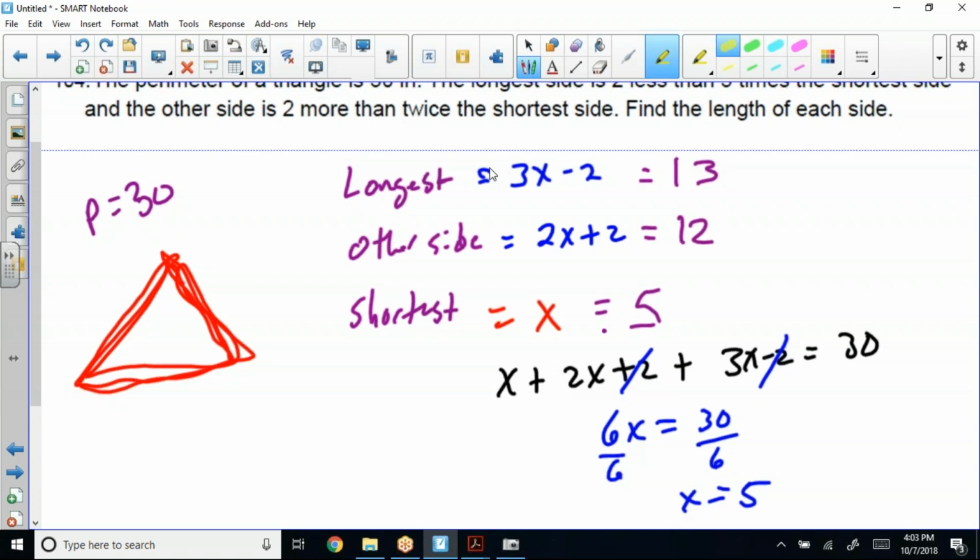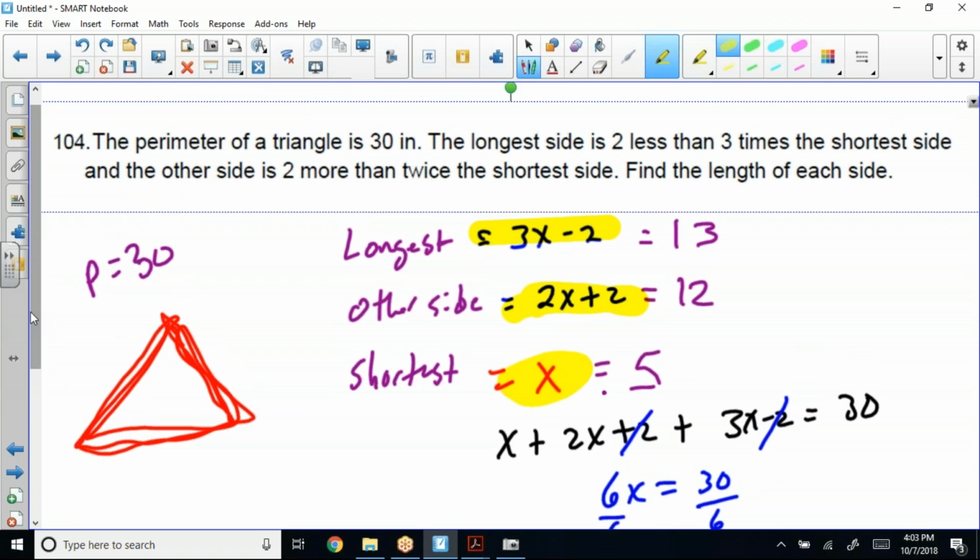Okay, these relationships here, you got to make sure you can do that. And if you will pay attention, it says 2 less. If less than is in the beginning, that number goes behind it, right? And more than, if it's in the beginning, it goes behind it as well.